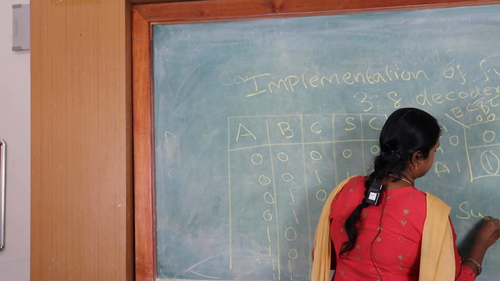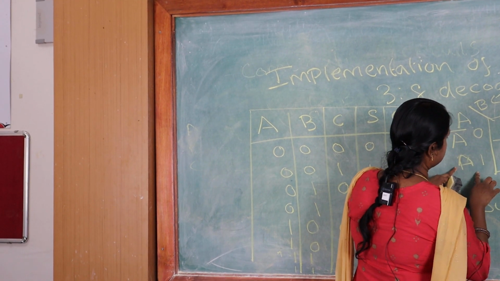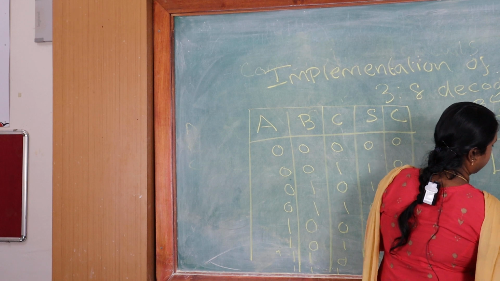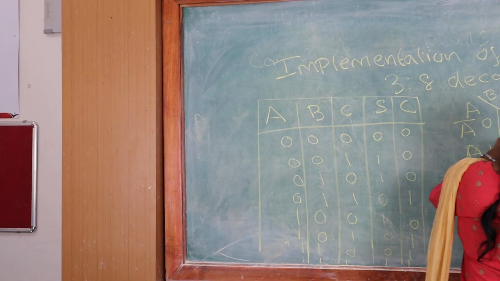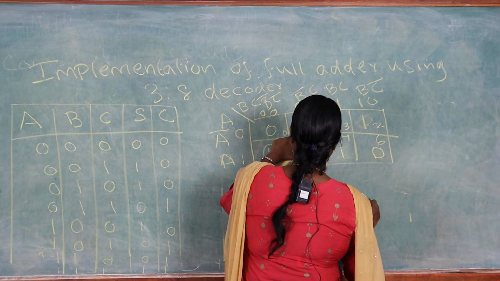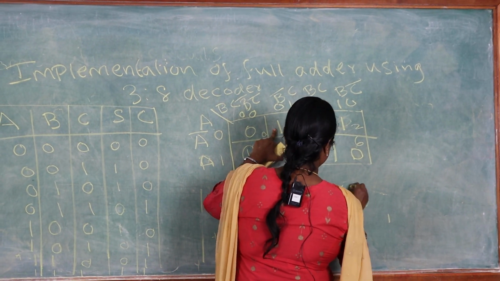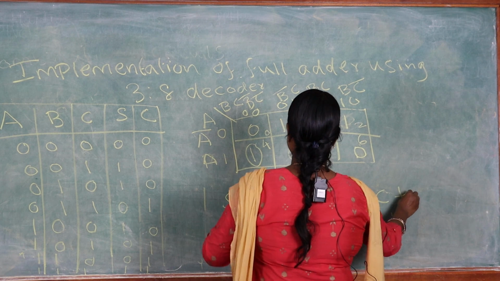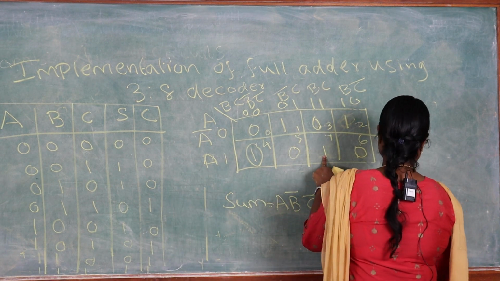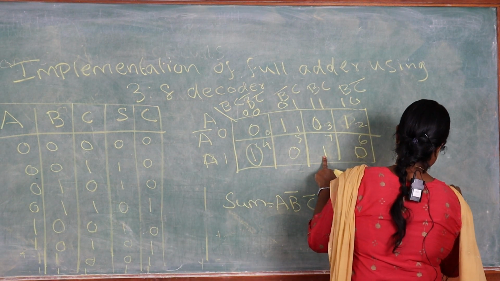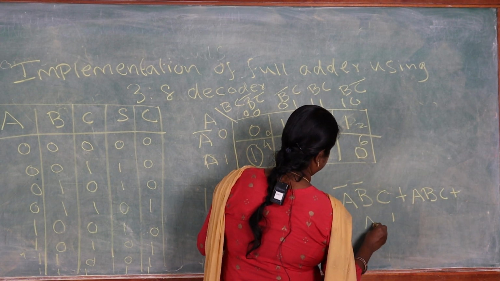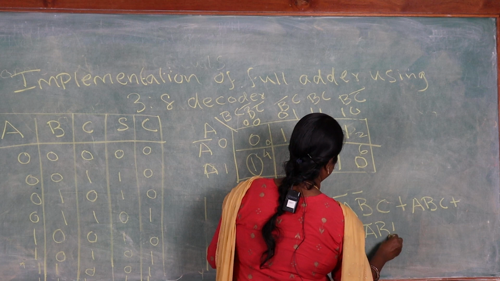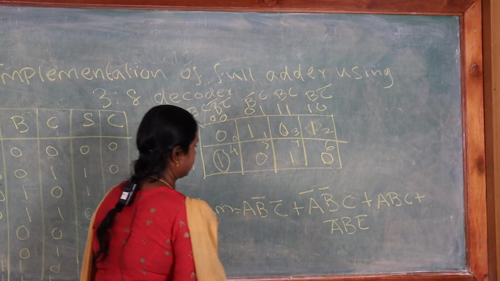So sum is equal to, what is this value? Here A B bar C bar plus here it will be A bar B bar C, and here it will be A B C, and here we are having A bar B C bar.